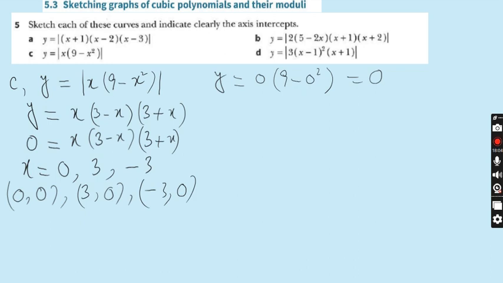So draw the x and y axis. X axis, y axis. This is the origin I mentioned.